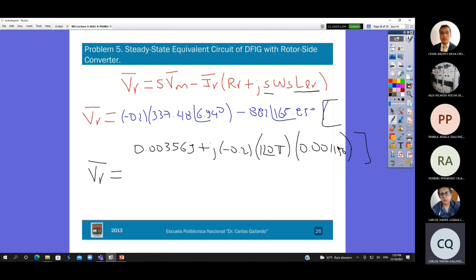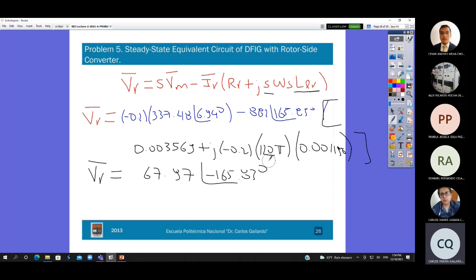So the rotor voltage in this case is equal to 69.97, and the angle is negative 165.83 degrees.